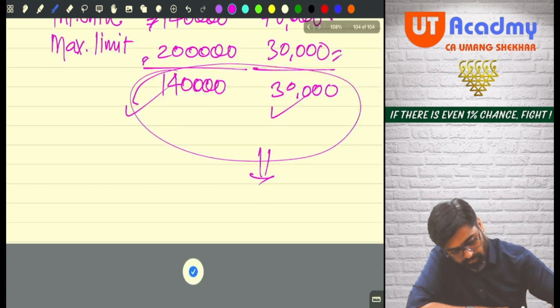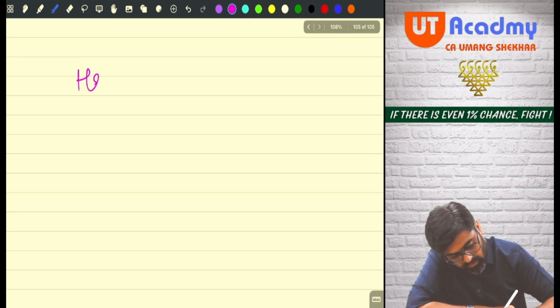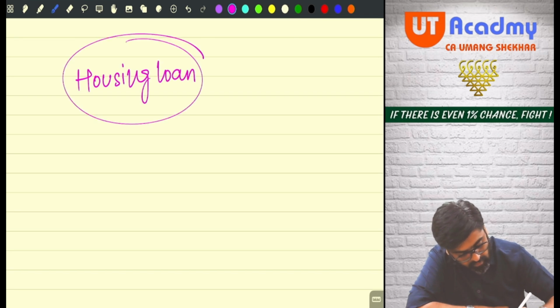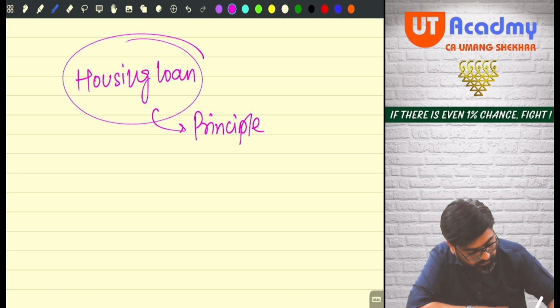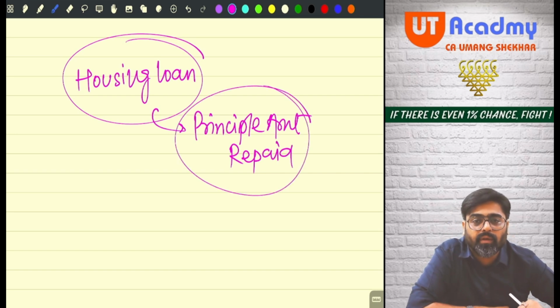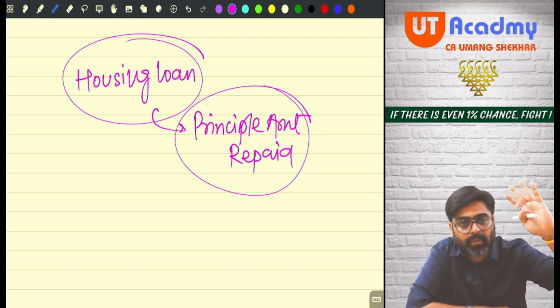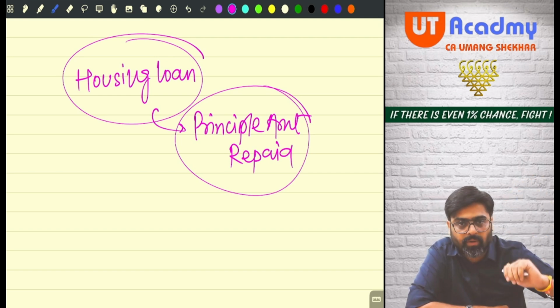So what if this housing loan principal amount is repaid in our previous year? So are you going to pay only interest or are you going to return the principal component also? You are going to return the principal component also, no?